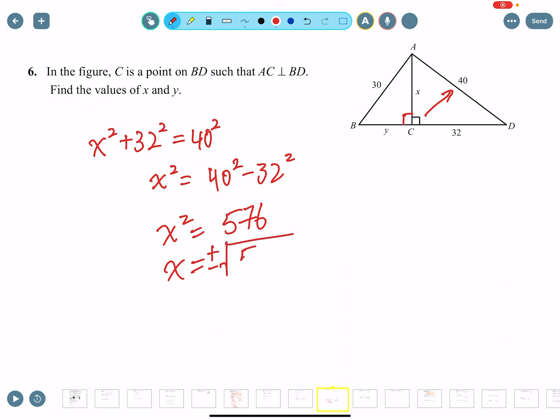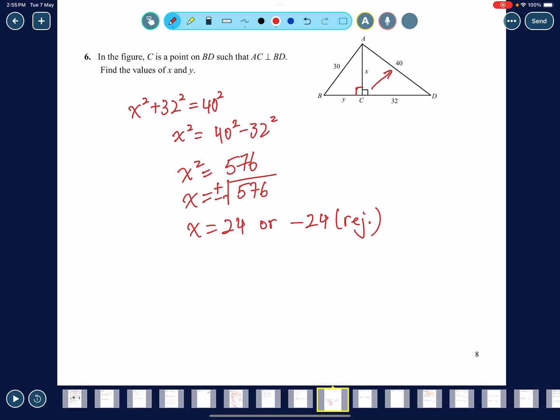Plus or minus. I'm going to guess 26. Let's see. Square root of 576. It's 24. I'm so close. 24 or negative 24. Reject this.